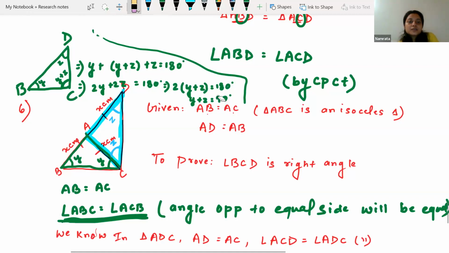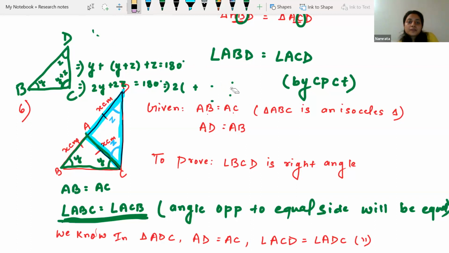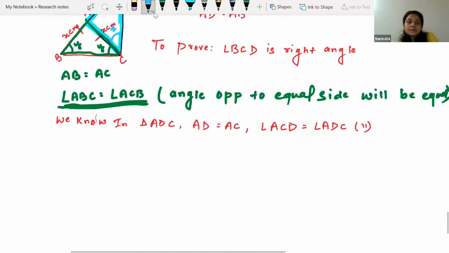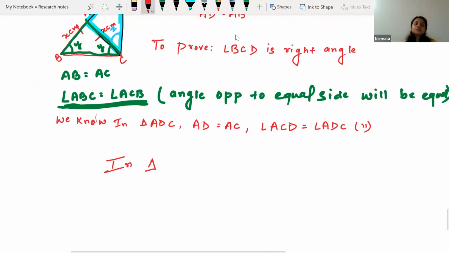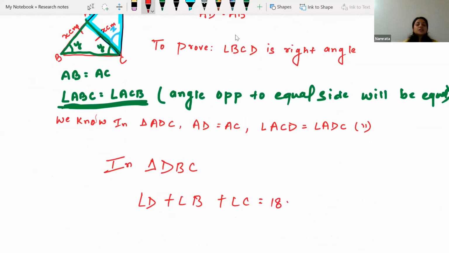So let's do it freshly. We have listed down everything. Now we will say in triangle BCD or DBC, whatever, angle D plus angle B plus angle C is equal to 180 degrees. Why?